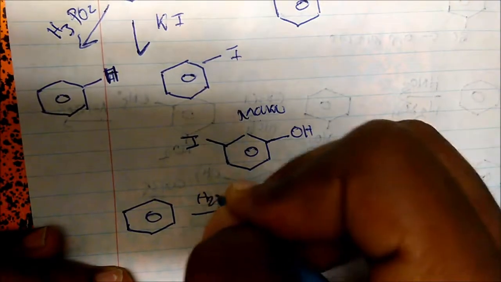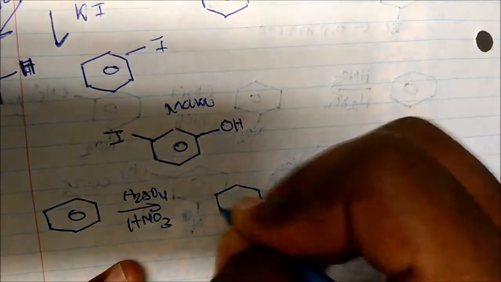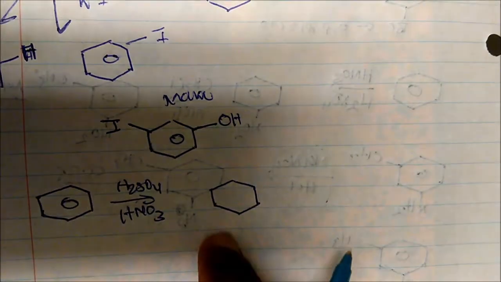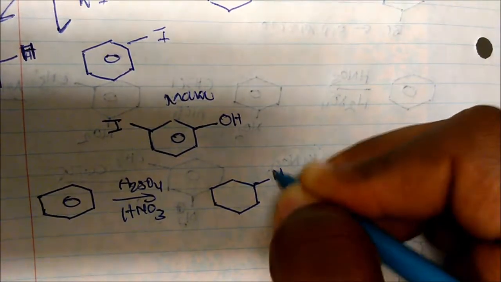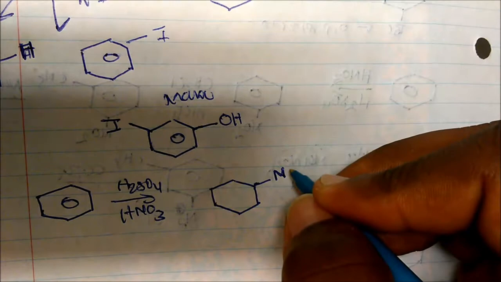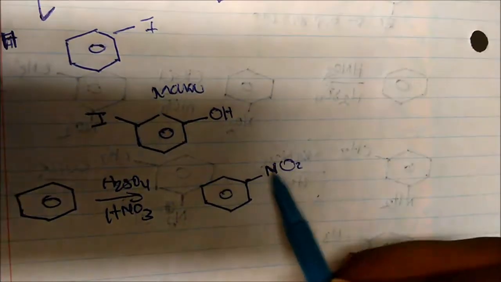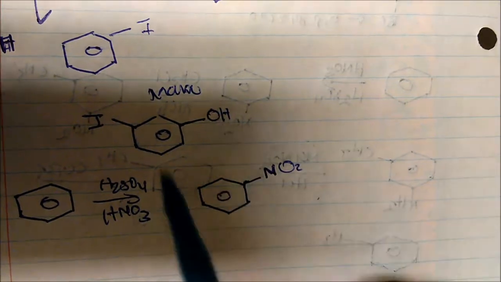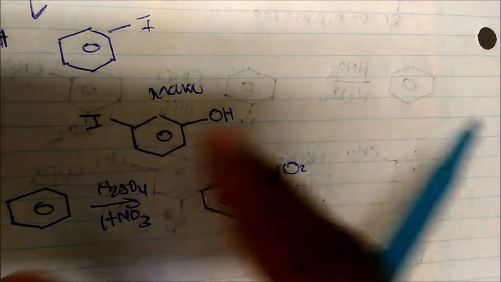If I take benzene and add sulfuric acid and nitric acid, I get the nitro group. So this is NO2. In this case it doesn't matter where I put my NO2, because with the diazonium salt, I could use any one of these to get any one of these.